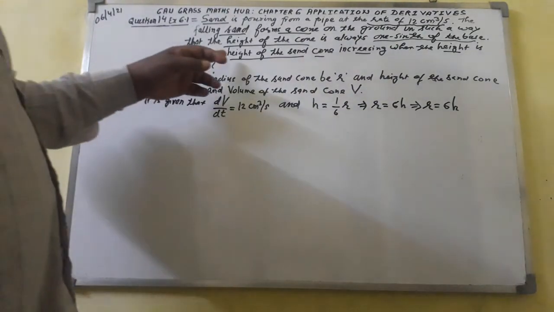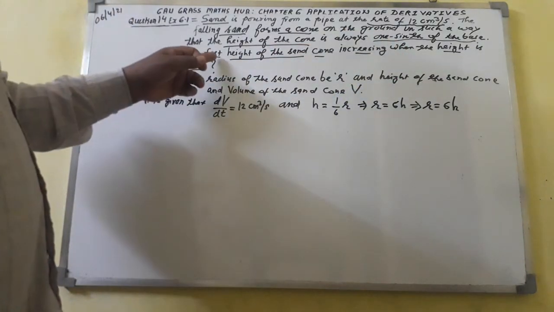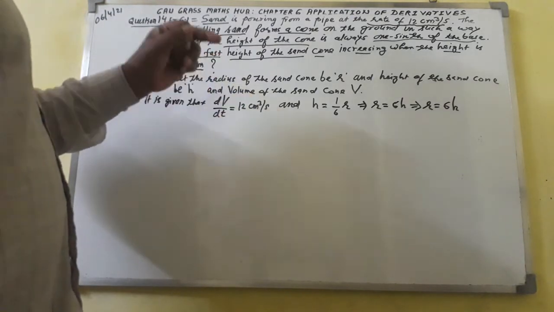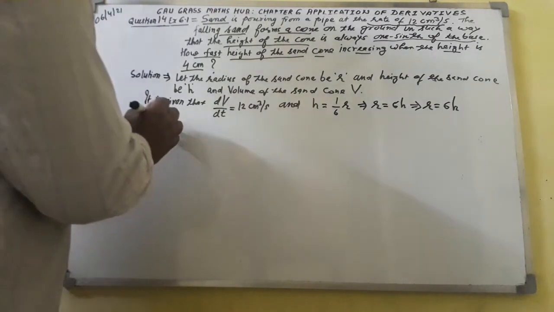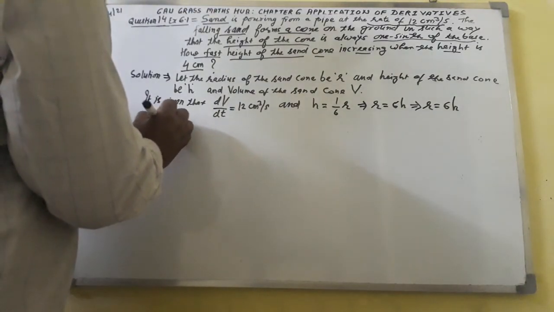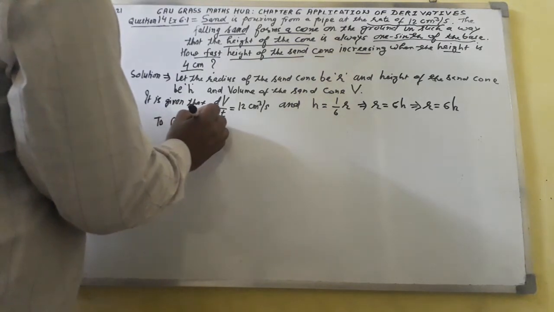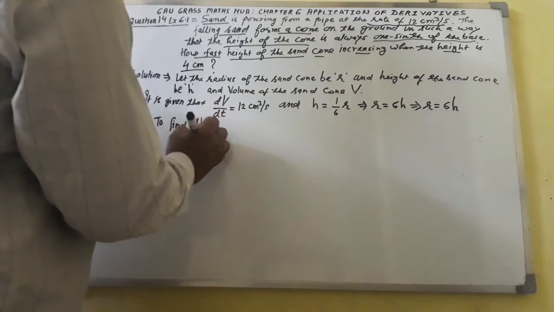Now how fast is the height of the sand cone increasing? How fast means time. Height of the cone means we have to find out dh over dt.